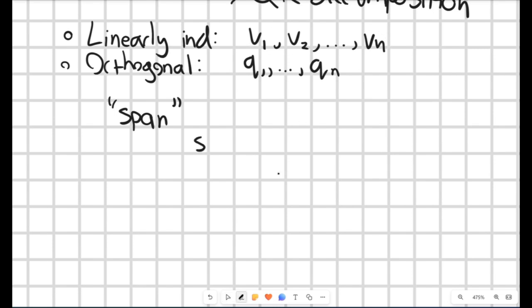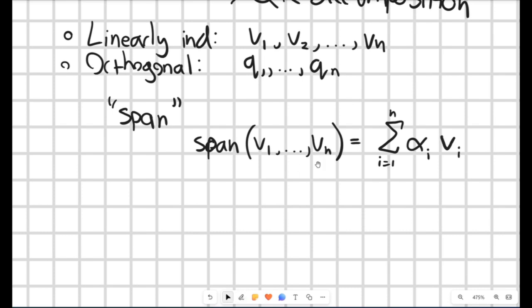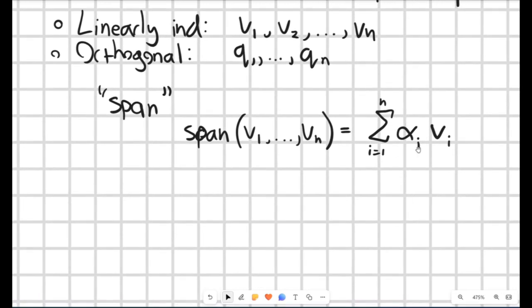So the span of the set of vectors, v1 to vn, is all linear combinations of these vectors. So let's just say, for example, it's equal to the summation from i equals 1 to n of some constant, which I'm going to write as an alpha, multiplied by the vector vi. So it's everything you can create by changing these constants. It's every vector that you could create through a linear combination of the v's.